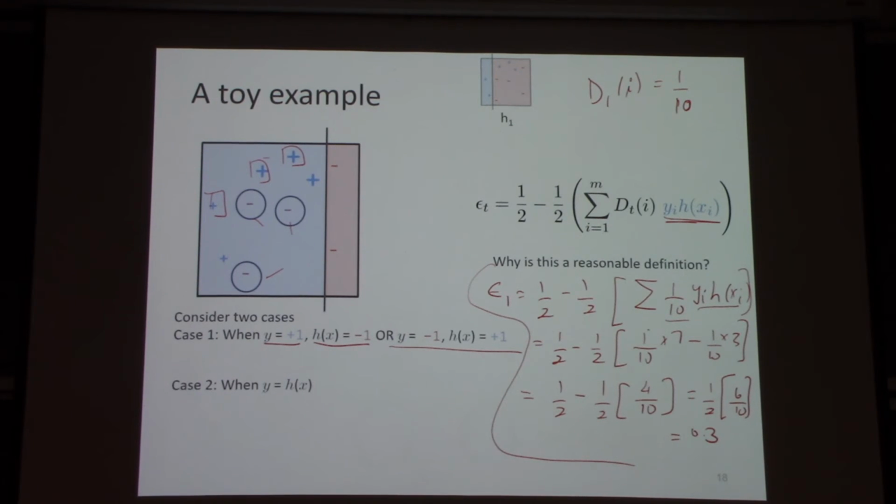Yes, that's d sub t, where t is the round. Every weak learner has its own importance weights, and that was the importance that was used to train it in the first place. That was the importance that was in play when the hypothesis was picked.